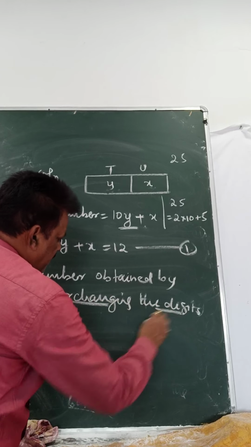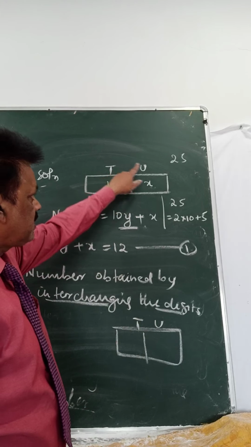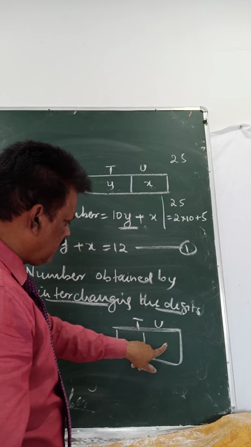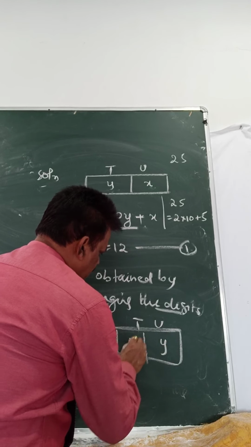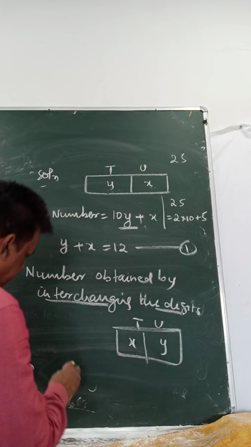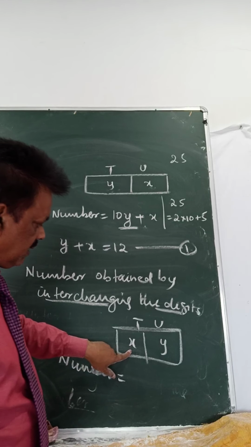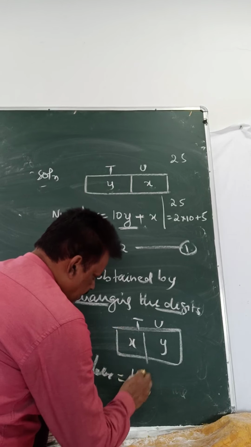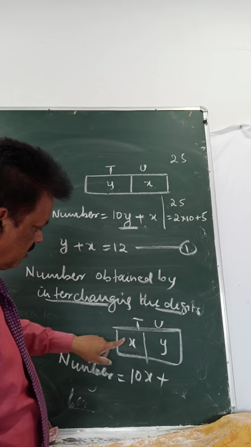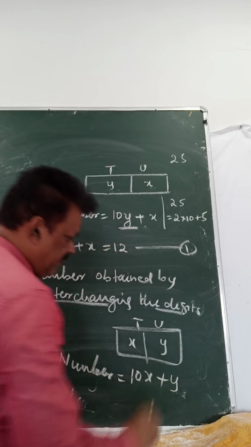Interchanging the digits means, in the units place it was x, in the tens place it was y. Now they will change, so here will be y, here will be x. Interchange the places. But what is the number? Any digit in the tens place you multiply by 10, that will be 10x. Just like 25, 2 into 10, so 10 into x plus the units digit, plus y.